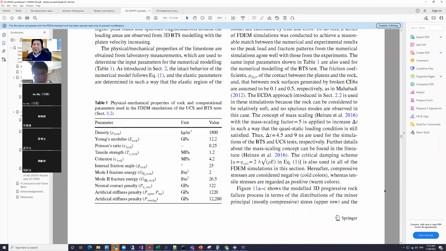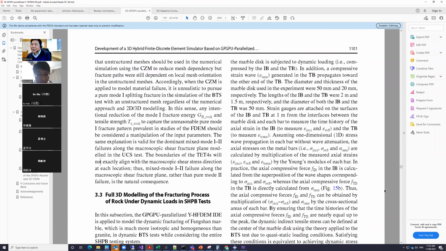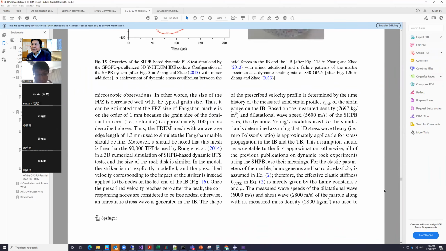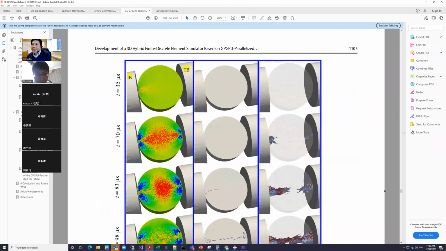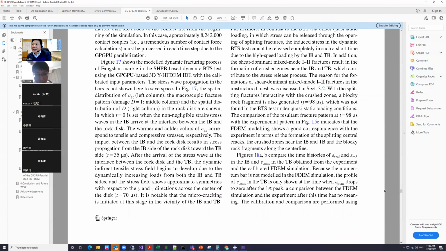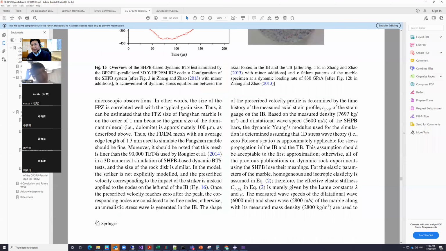For the dynamic test, we should have a table similar to this one as well. Sorry, I don't think we have that table of input parameters here.